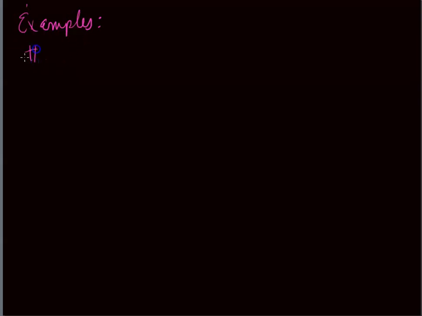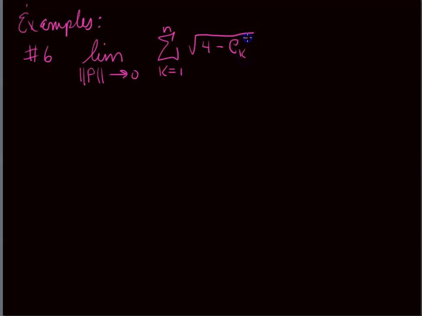Number 6. This is in the assignments. It says, given the limit as the norm of the partition P goes to 0 of the summation k going from 1 to n of the square root of 4 minus c sub k squared times delta x sub k, P is on the closed interval from 0 to 1.